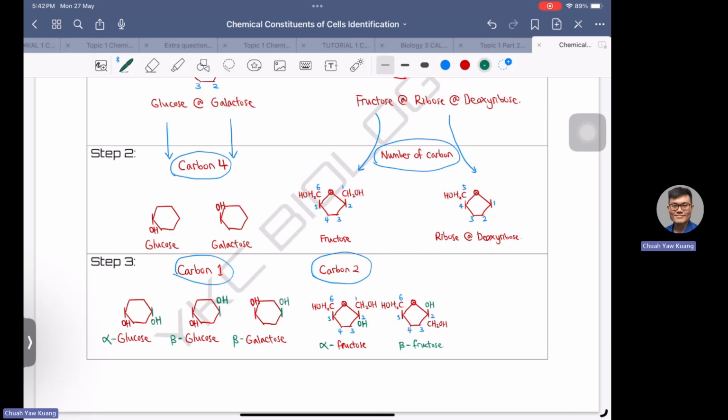Then lastly, for ribose and deoxyribose, I will put it here.